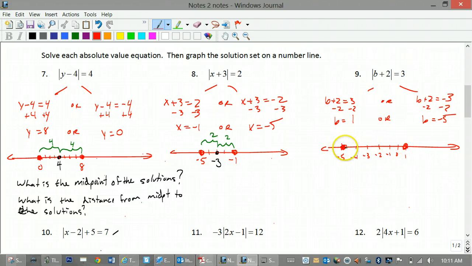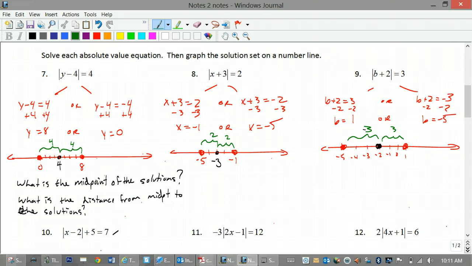Again, same question. What's the midpoint? That whole distance is 6, so the midpoint's going to be 3 away. So negative 2 is the midpoint. And what's the distance between them? 3. Okay.